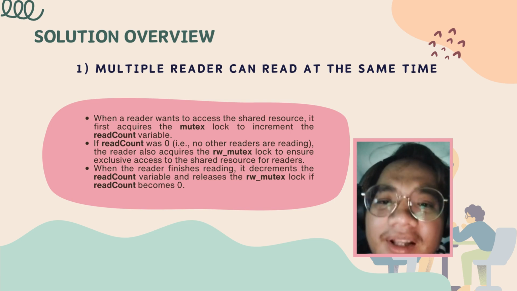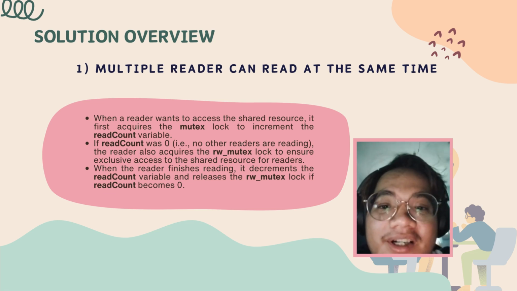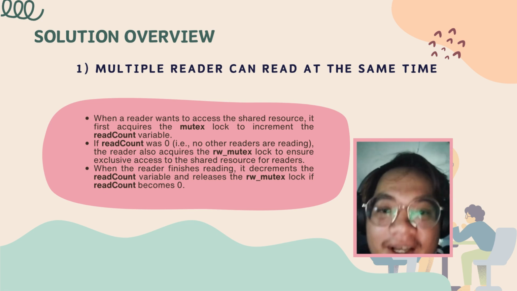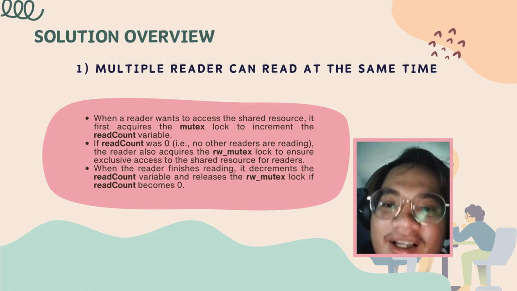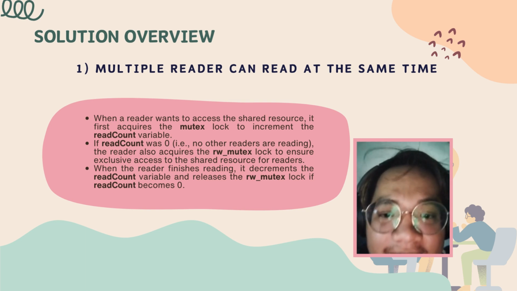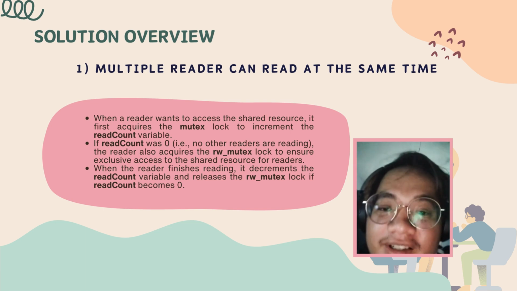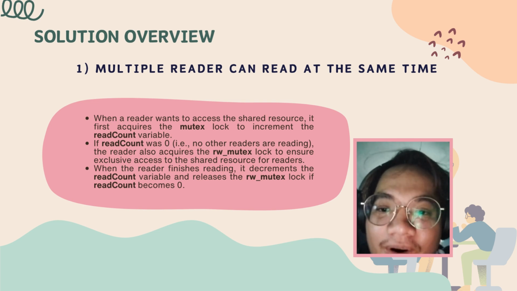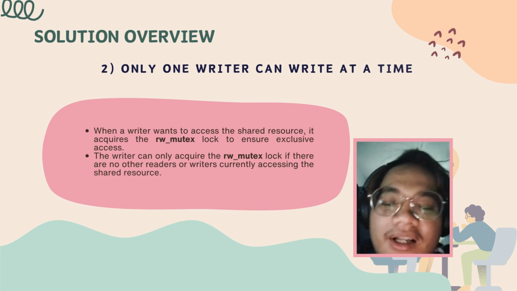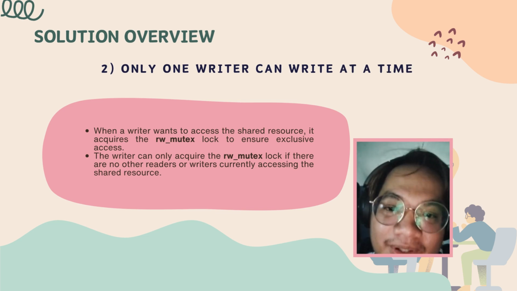If read count was 0, which means no reader is reading, the reader also grabs the rw mutex lock to make sure they have exclusive access. When the reader is done, they decrease the read count variable and release the rw mutex lock if read count is now 0.